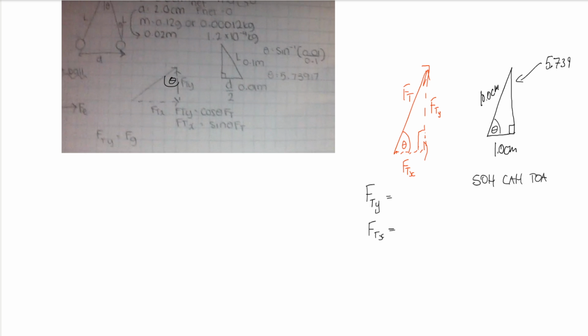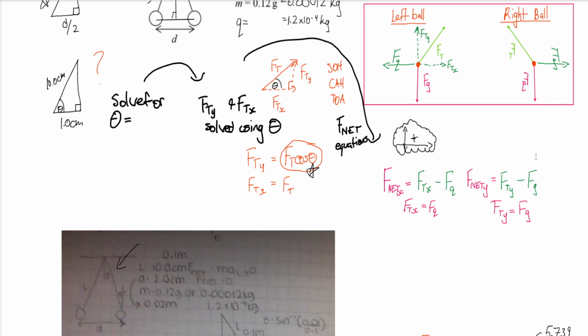Okay, so then you solved, or you didn't even need to solve for FTY, FTX. You just threw them in here. And then what did you do? FT is equal to, okay, so this is over here, right?